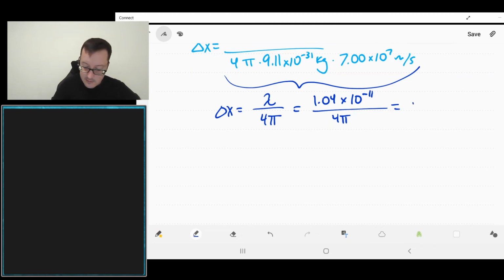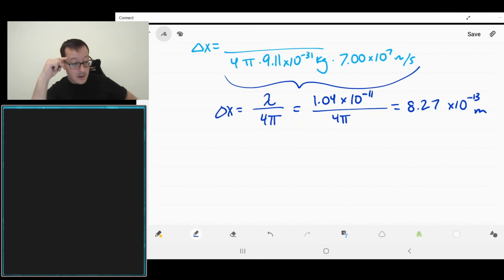We get, and this is not a problem at all, 8.27 times 10 to the negative 13 meters. So we have an uncertainty here of somewhere around the 10 to the negative 13th meter. Bad example because this thing happens to be moving really quickly. Let's slow it down to more realistic ones so we can see the point of this.